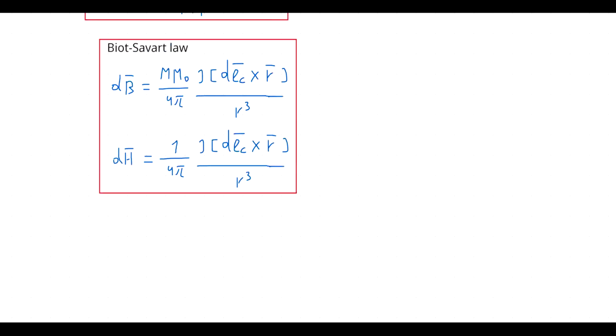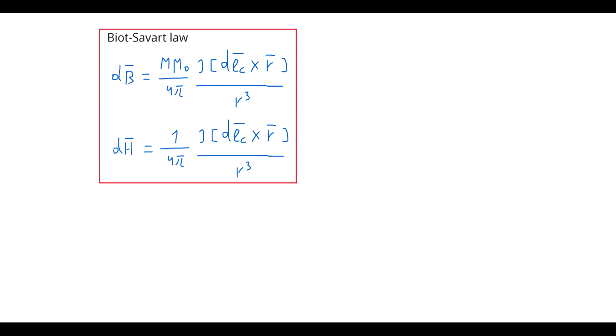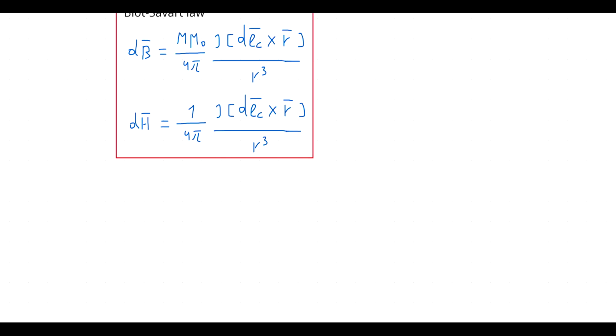Okay, so let's make a picture. For example, if we have linear current, for example with current I, the infinitely small element of this current is vector dlc. What is vector r?